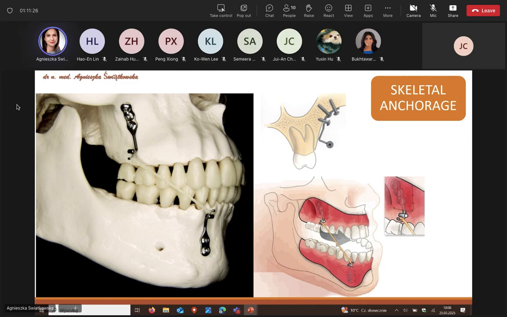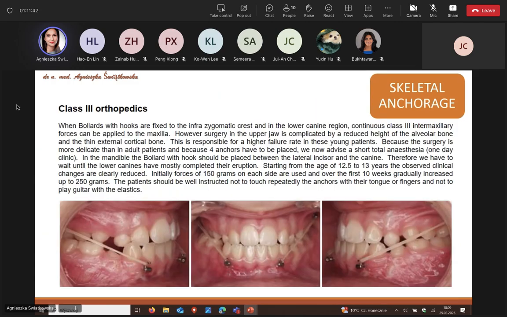This is in the maxillary bone. This is in the lower jaw between the lateral incisor and canine. And here we have the hooks and elastics. This is a method of treatment of class 3 with underdevelopment of the upper jaw.